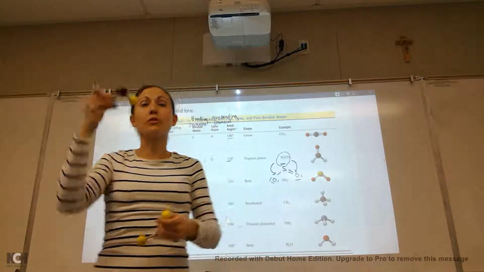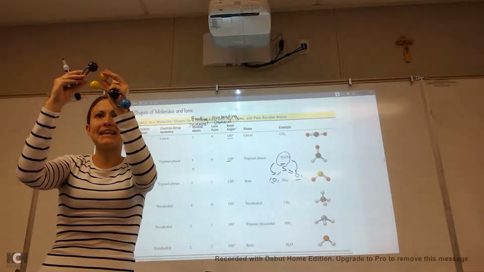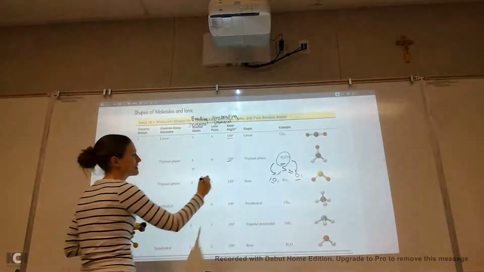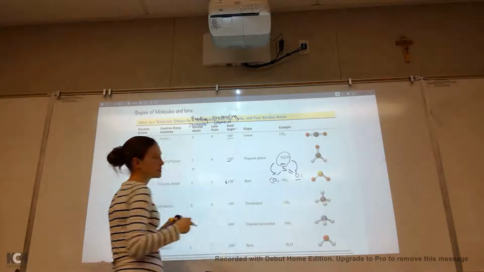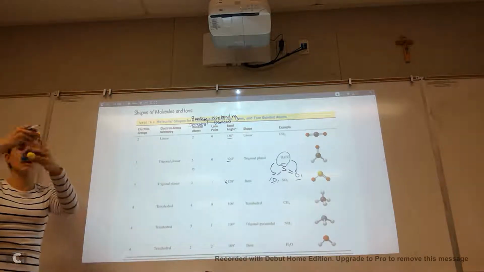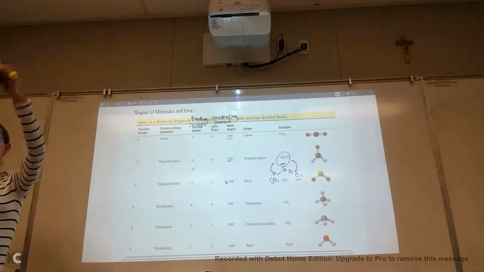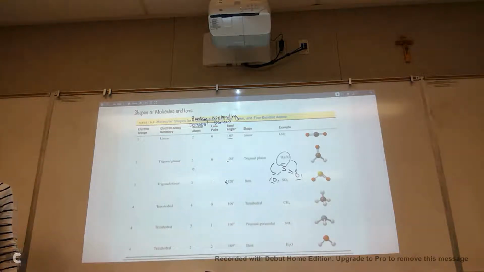So as a result, the bond angle of this is not exactly 120. It's going to be less than 120. So while this is exactly 120, this one, because it has a lone pair on top, is going to be less than 120. Do you need to memorize the exact value? No. Okay, 120, less than 120.